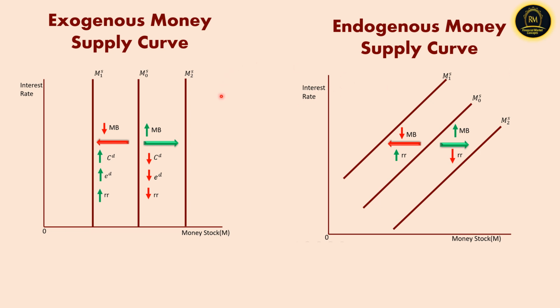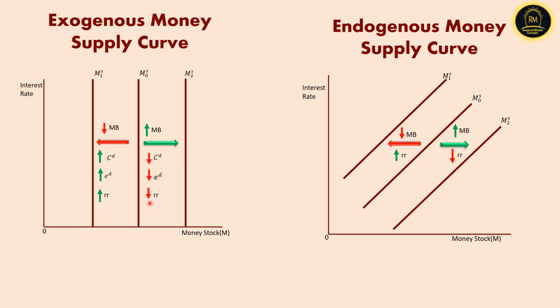Now coming to the second point, what are the reasons for the shift in the money supply curve? In the exogenous money supply curve, the curve will shift due to the change in the central bank monetary base, that is reserve money or high powered money, or the change in the currency ratio, required reserve ratio, and excess reserve ratio.